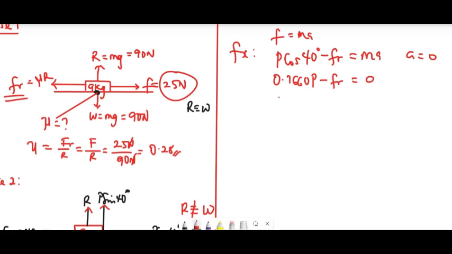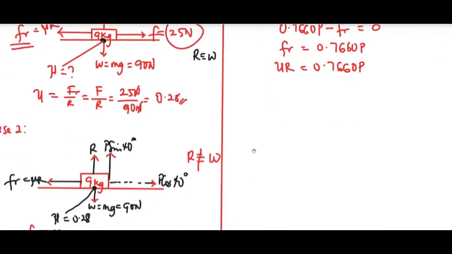So I'm going to have Fr equal to 0.7660P. Fr equals this. So I have mu R equal to 0.7660P. What's my mu? My mu is given as 0.28.